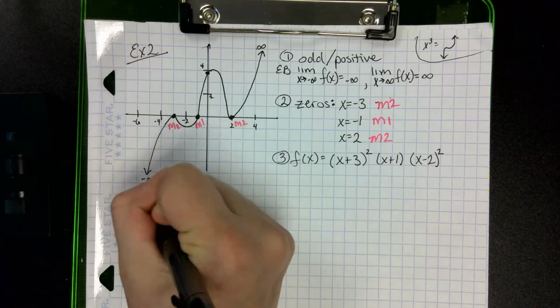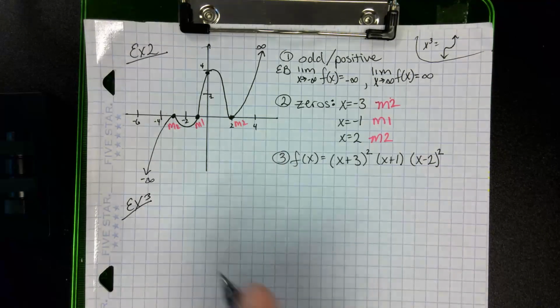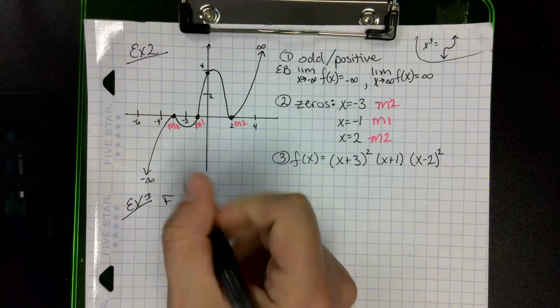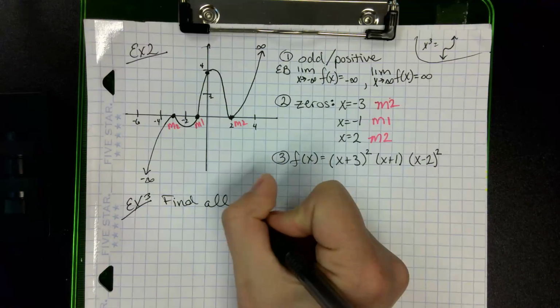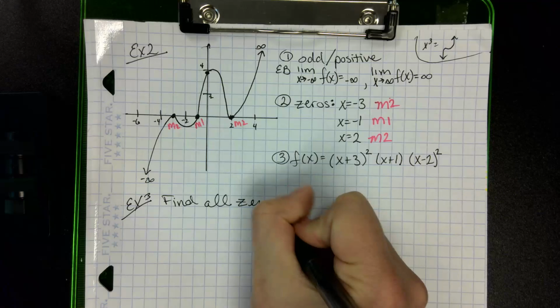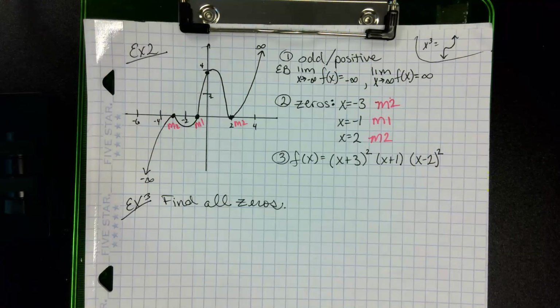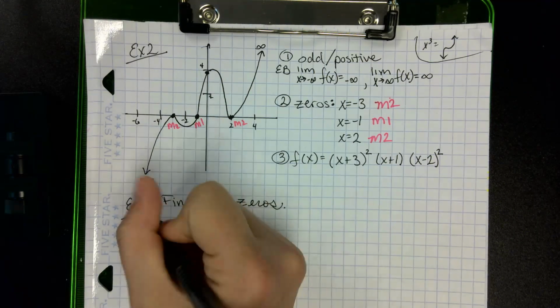And then example 3, this one just says find all the zeros. You've been doing this for a very long time, finding the zeros.